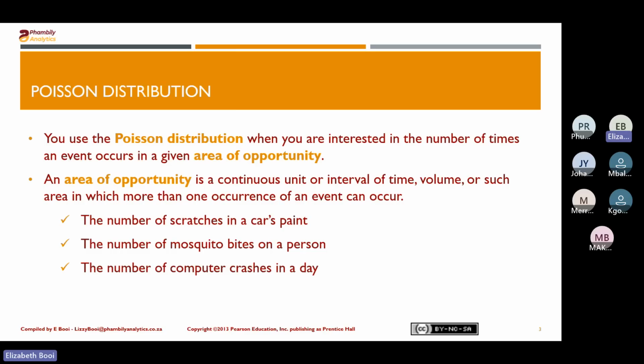Maybe I want to run promotions, and I can use the probability to predict all those, or to find the probability of getting those people into the store. So that is the Poisson distribution.